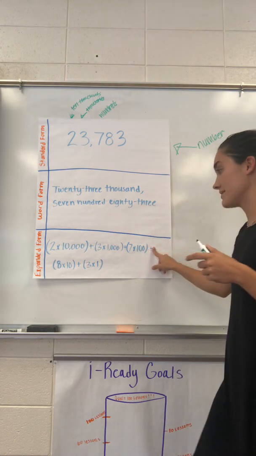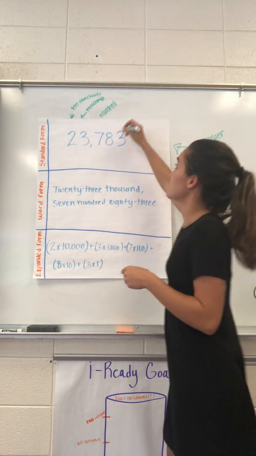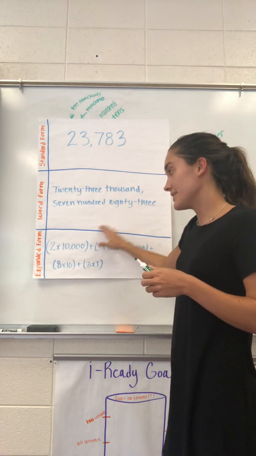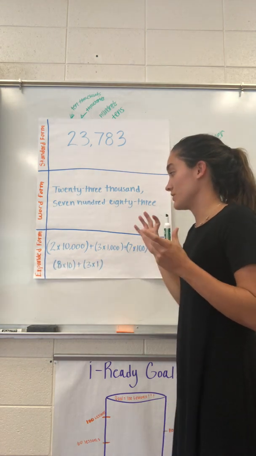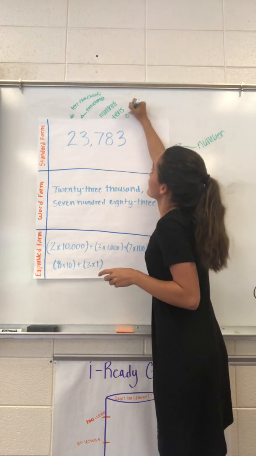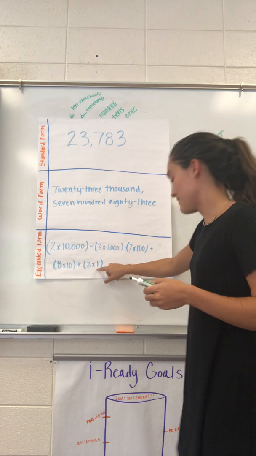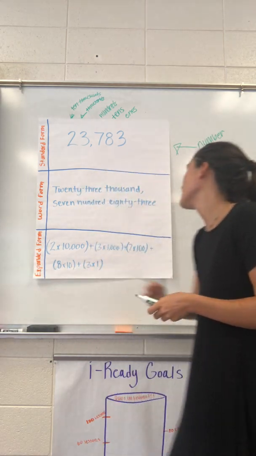And we're going to add a plus sign. We're going to go to the next number, which is an 8. The 8 is in the tens place. Since the 8's in the tens place, I'm going to do 8 times the place value that it's in. Close the parentheses, and I'm going to go to the last number, which is a 3, and this is in the ones place. So I'm going to take that 3, multiply it by the place value that it's in, which is the 1.